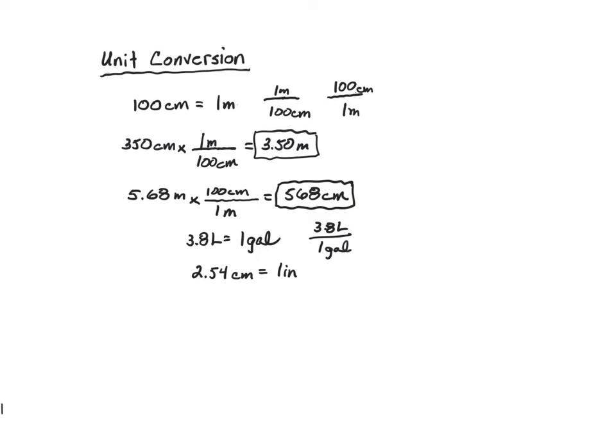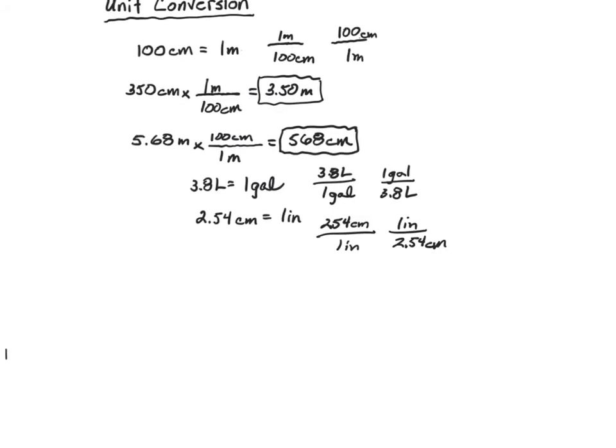Okay, so just like we saw before, there are 2 different conversion factors that can be derived from each one. And choosing the right one is simply a matter of making sure that the units that you want are on the top of the fraction. And that's it. Now, not all unit conversions are necessarily going to be this simple.